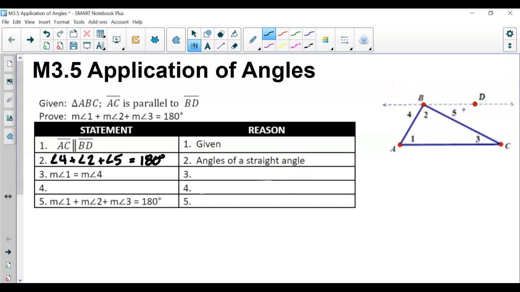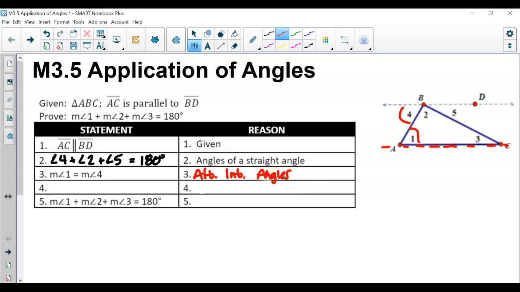So now here, it states angle 1 is equal to the measure of angle 4. Well, how do we know this? What is their relationship? Because if you recall, AC is parallel to BD, alternate interior angles. So the definition of alternate interior angles.